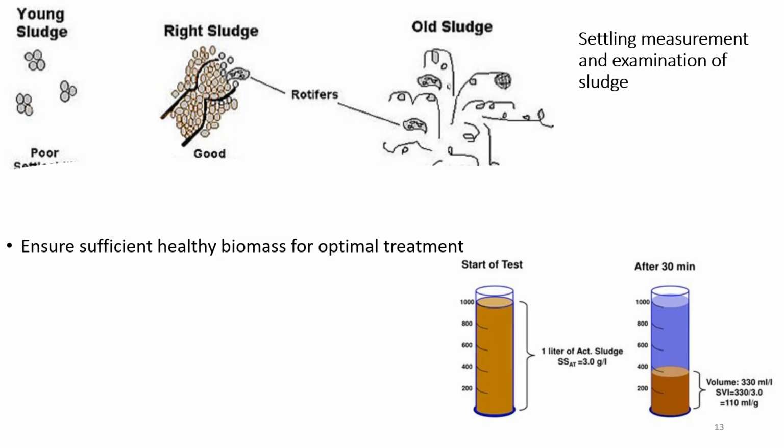We're monitoring that because we want our biomass, our microorganisms, to be healthy, but we also want them to settle well. We also can do a settling test where we measure the sludge volume index, and we're looking at how much volume is required for that settled sludge out of a 1 liter sample.